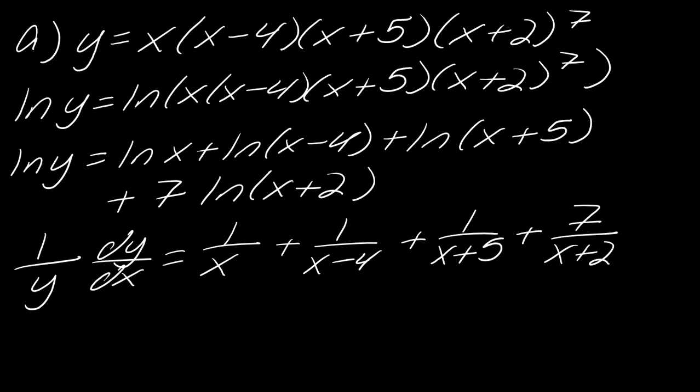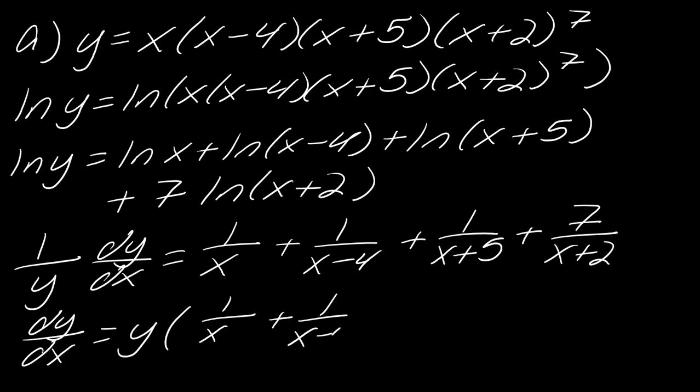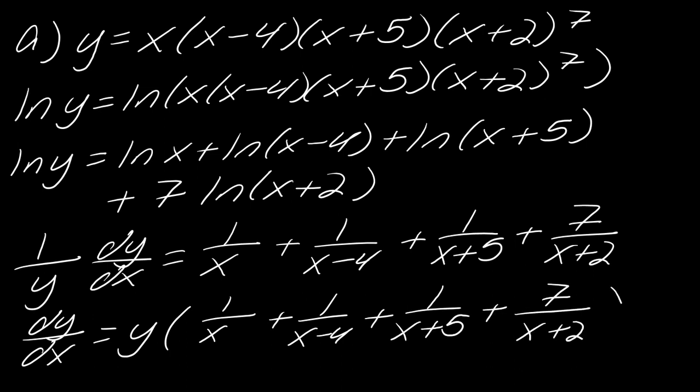And then to finish this off, I just need to bring the y over to the other side. So this will be dy dx equals y times this stuff. And then usually what you want to do is replace y with the original problem.